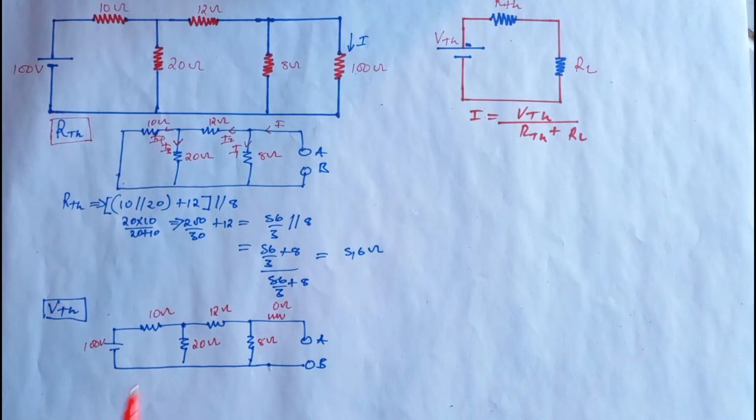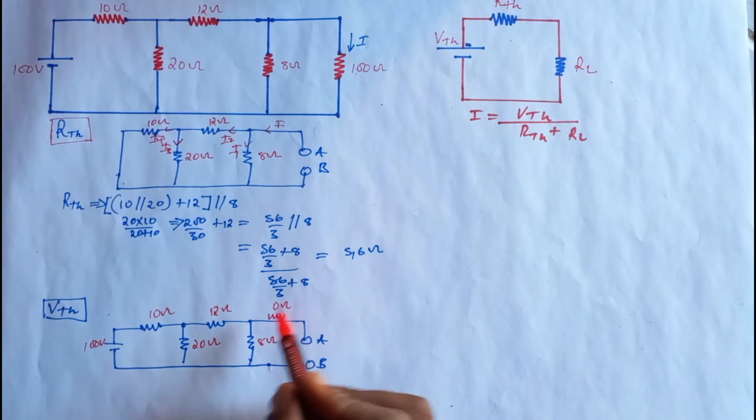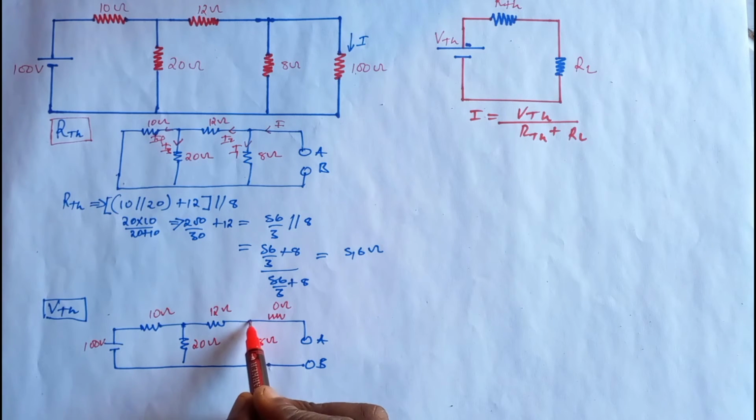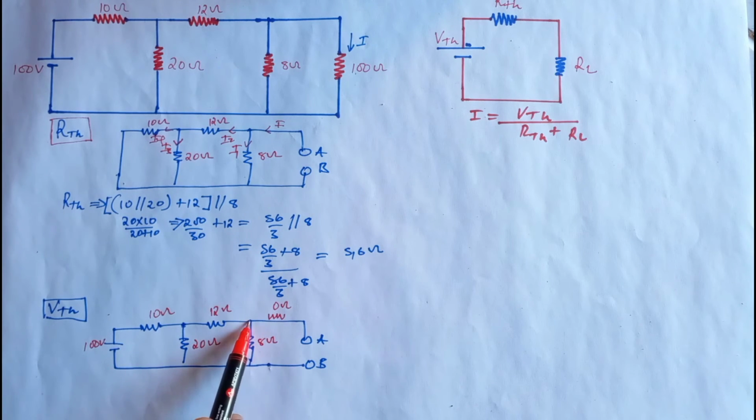We are going to have a voltage drop here, here, and here. So the voltage at this point is going to be the voltage at the terminals A and B. Because the voltage across the 8 ohm resistor is also equal to the voltage across the 0 ohm resistor. If resistors are connected in parallel, then we have the same voltage.